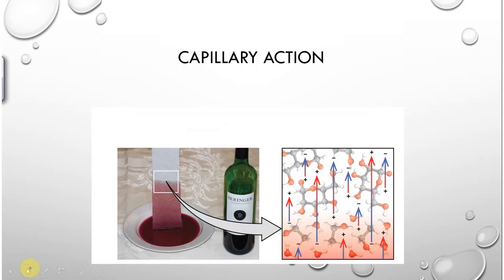You can also see it with a paper towel. You touch the tip of a paper towel to a spill, and you can see the liquid following it up, using adhesive forces to the paper towel, causing it to rise. Cohesive forces meaning all the liquid follows itself.